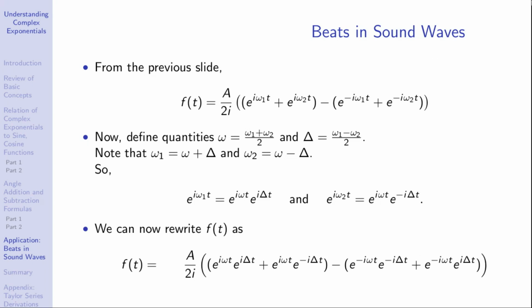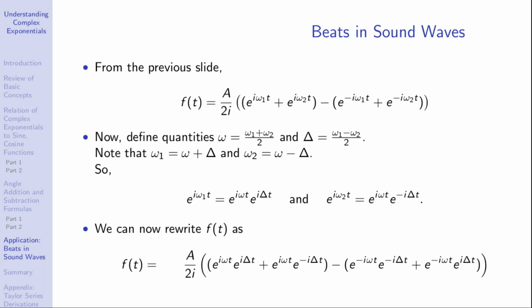Okay, so from the previous slide we have our expression for f of t. Now let's define two quantities. The first quantity we'll call omega, and that's equal to omega 1 plus omega 2 over 2. The second quantity we'll call delta, and delta is equal to omega 1 minus omega 2 over 2.